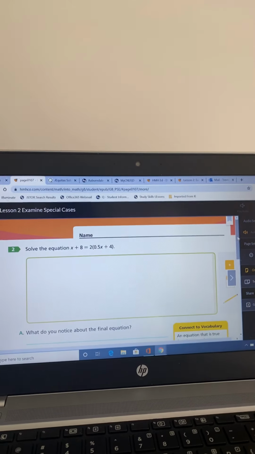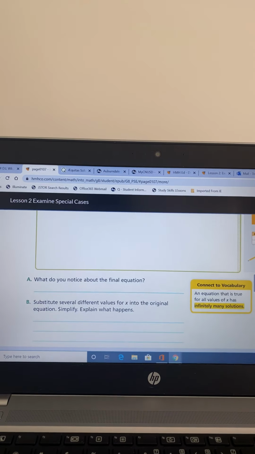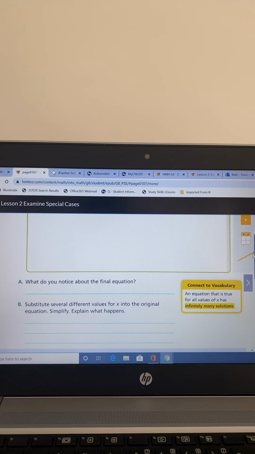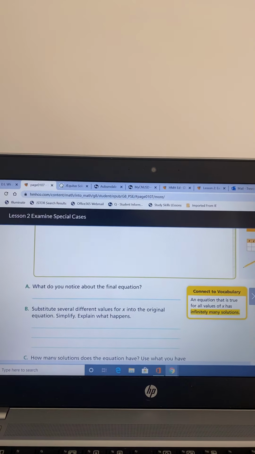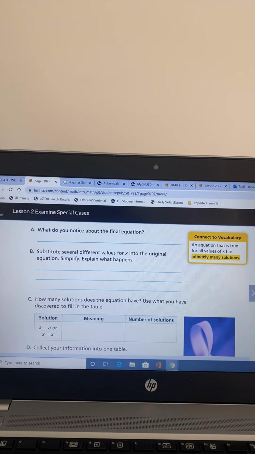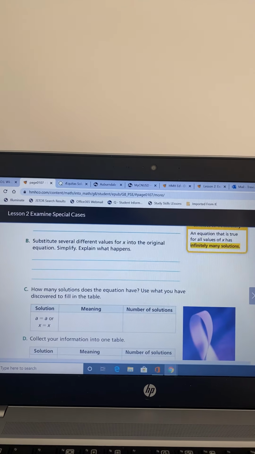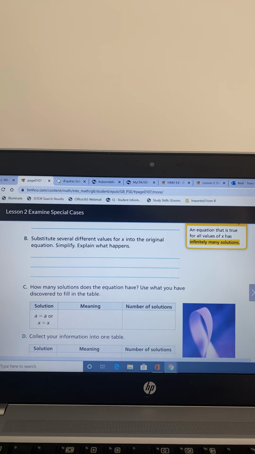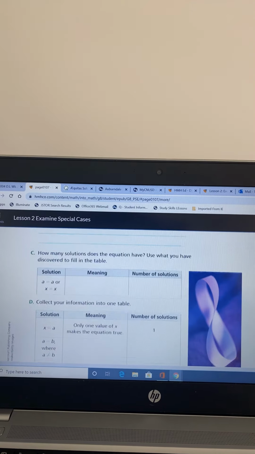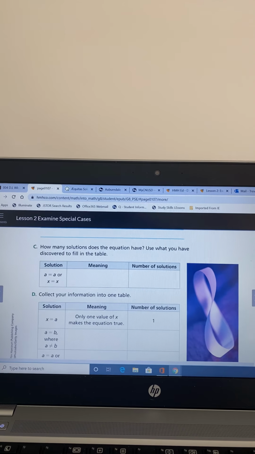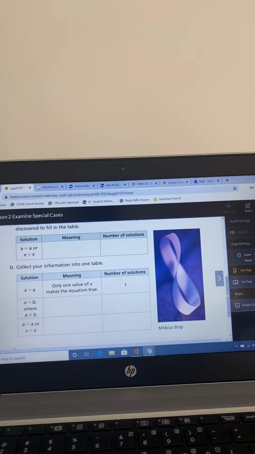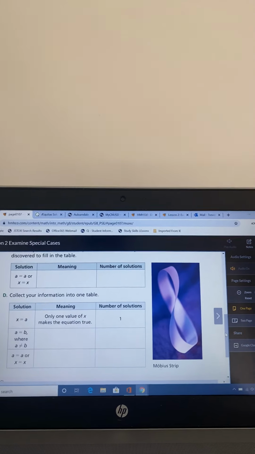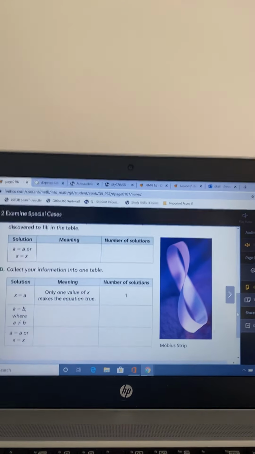Then, substitute different values for x into the original equation, simplify, explain what happens. And then how many solutions does the equation have? Use what you have discovered to fill in the table, and then collect your information into one table for D. A lot of questions came up about this. I think you guys looked at it as a little more challenging than it was. So let me go over it, okay?